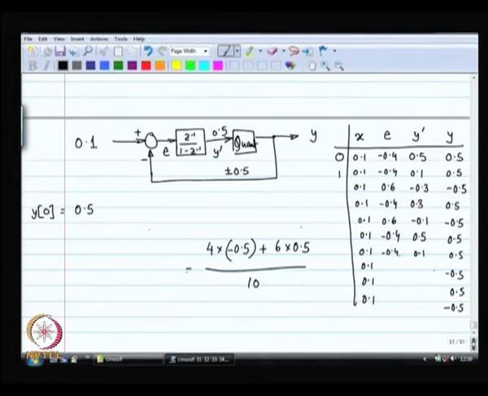So, the average is going to be 0.1. Which is what you wanted to have as your average.